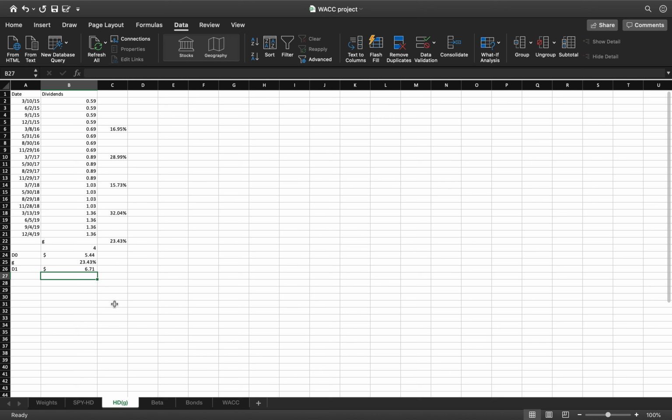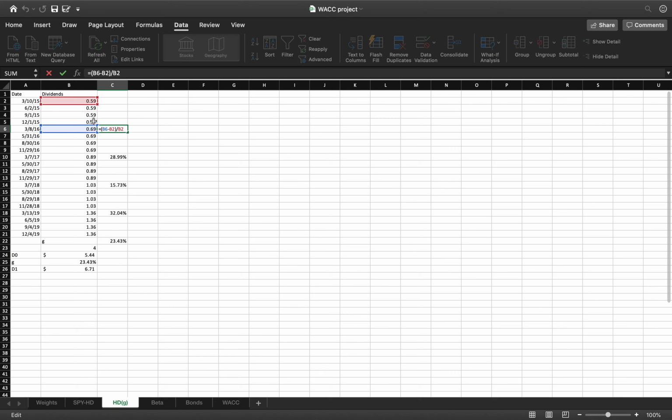And for this, we're going to need to find the growth of the overall values of the dividends. Since it is a quarterly paying dividend, we're going to find where the next cycle of dividends comes into play. So for example, the first dividend was paid on March 10th, 2015.